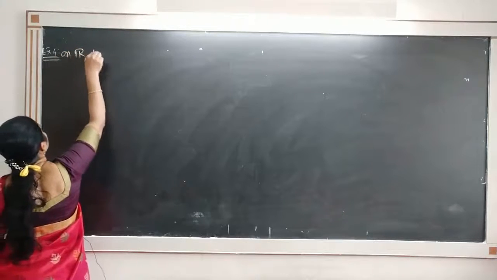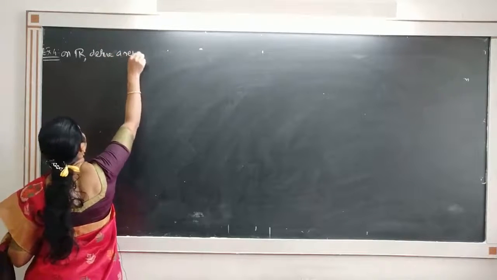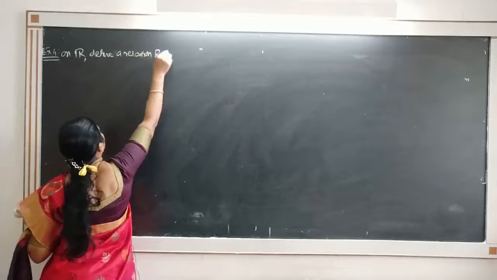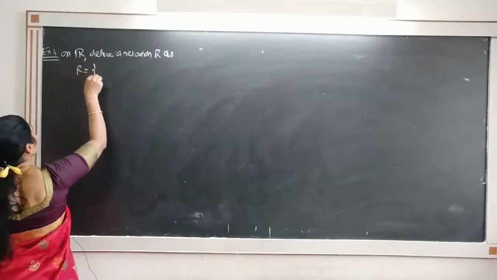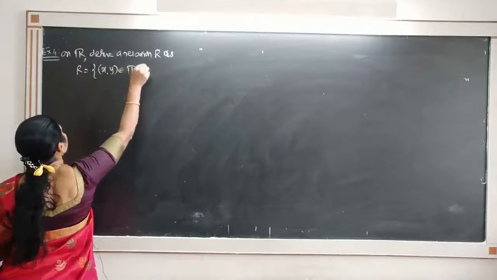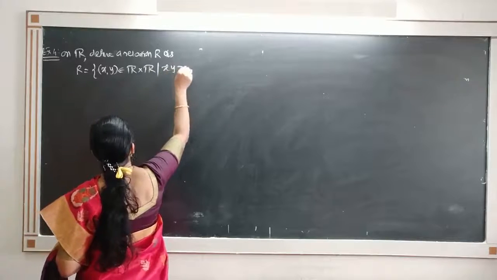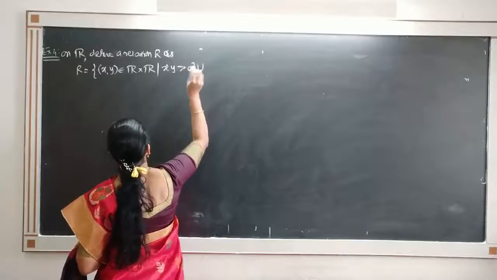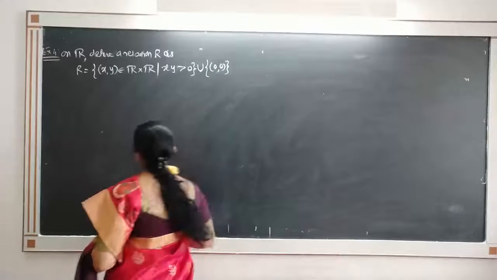On R, define a relation R as R is equal to the set of all (x, y) in R cross R such that xy is greater than 0, union with the pair (0, 0).